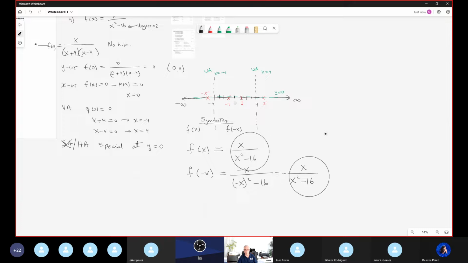Therefore, this function is equivalent to the original except with the opposite sign. So when you do this reflection, it's equivalent to making another reflection. And this reflection, by the way, is different. This is a reflection about the y-axis, and this is a reflection about the x-axis. And they are in perfect coincidence. When this situation happens, it's because the function is odd.